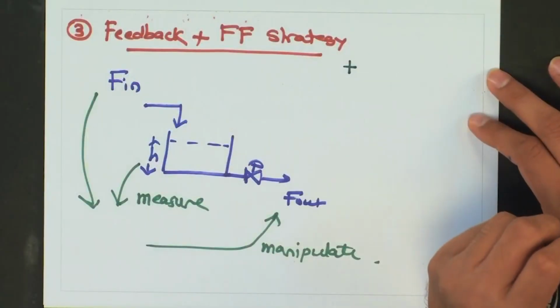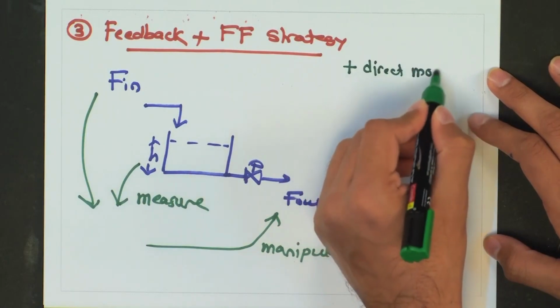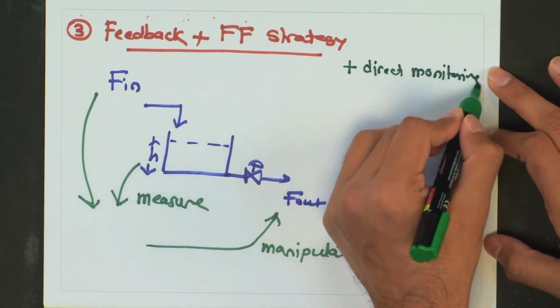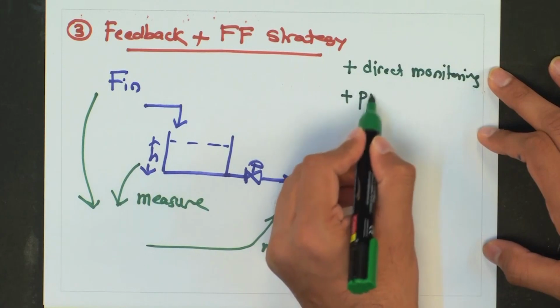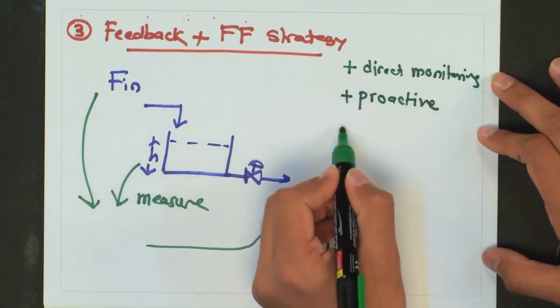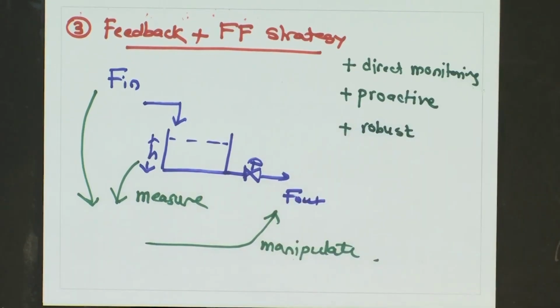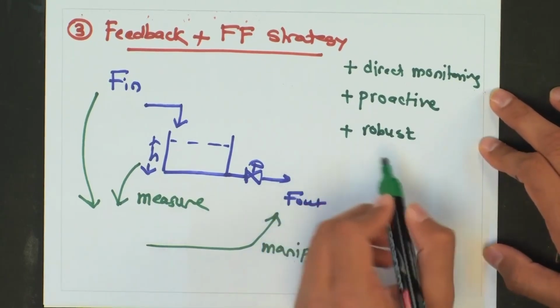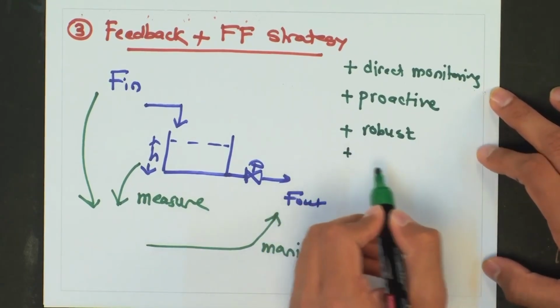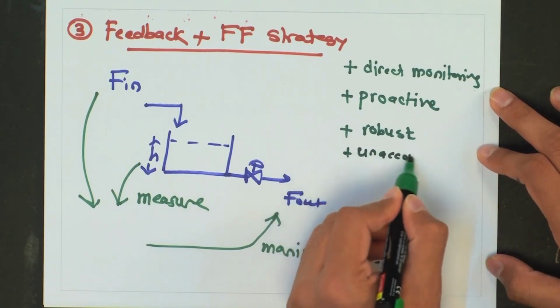The advantage of the feedback plus feed forward strategy is that it provides you direct monitoring, it can be proactive, it can also be robust, and it can also work in the presence of unaccounted disturbances.